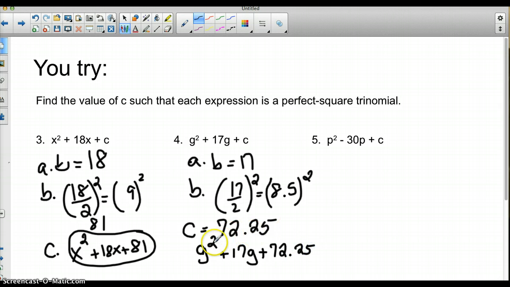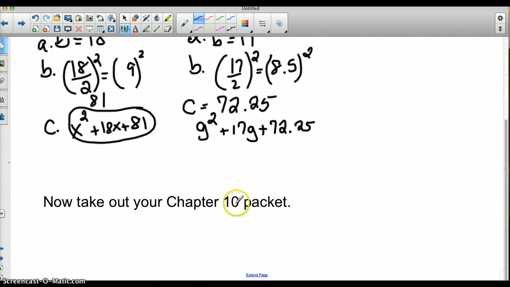But sometimes we're going to want to keep it as a fraction. So instead, we'll do 17 over 2 squared.